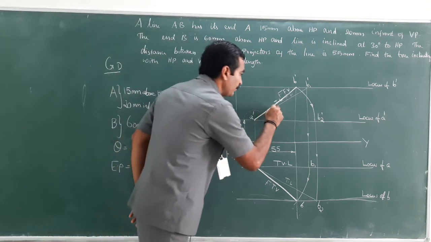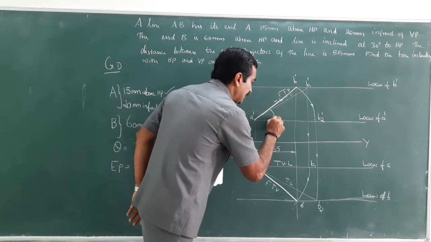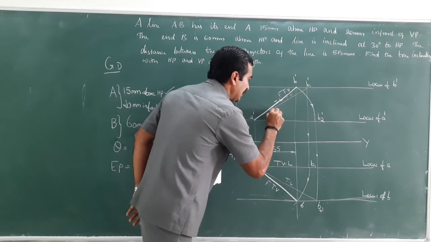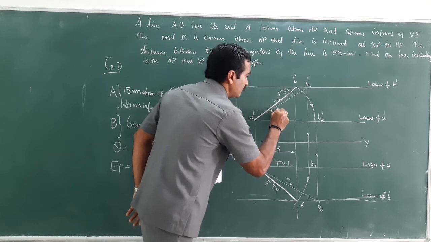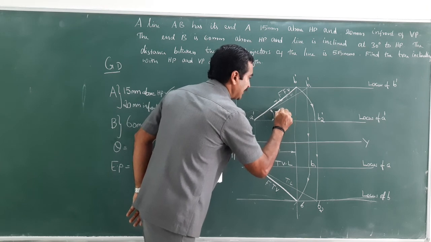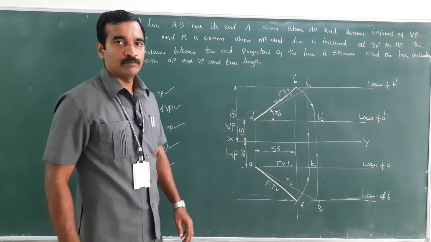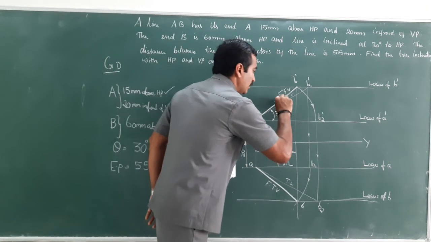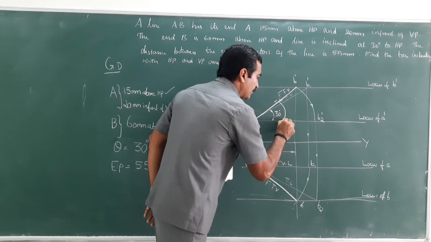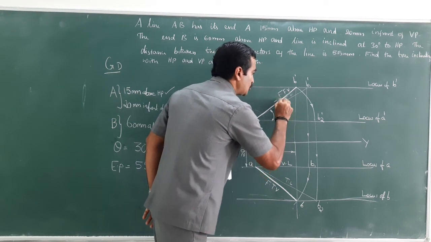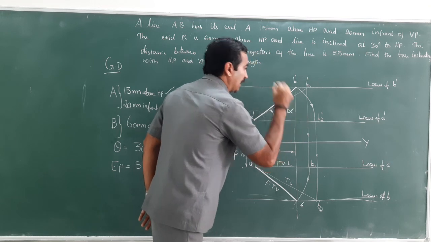Next, the theta, that is nothing but the true inclination with HP, which is given as 30 degrees.